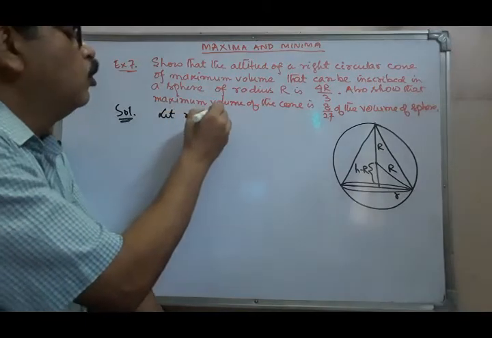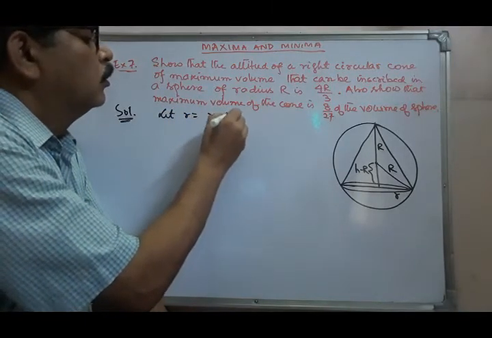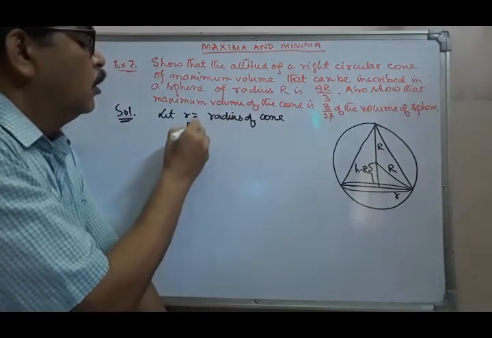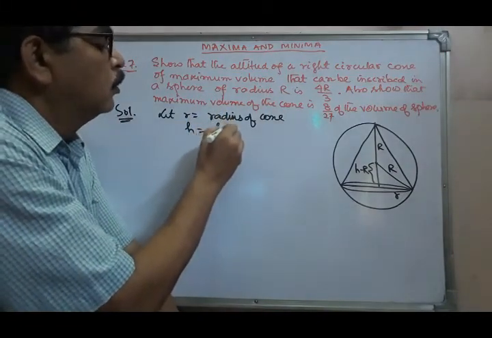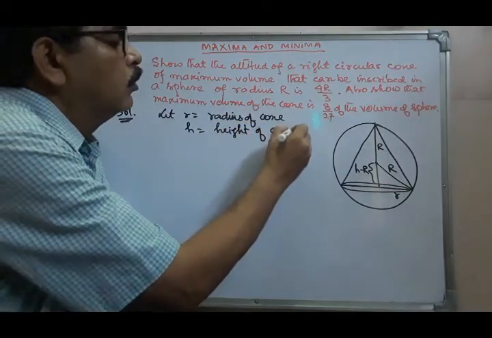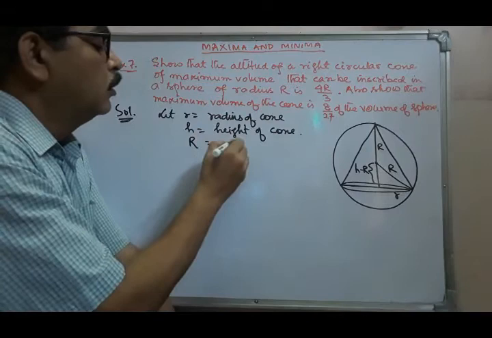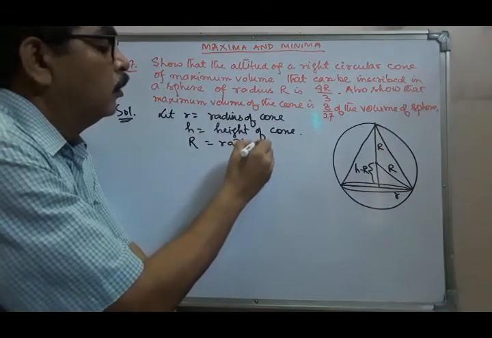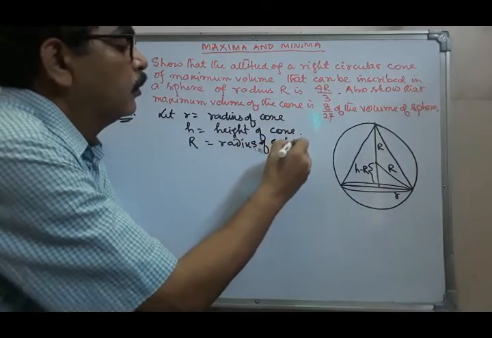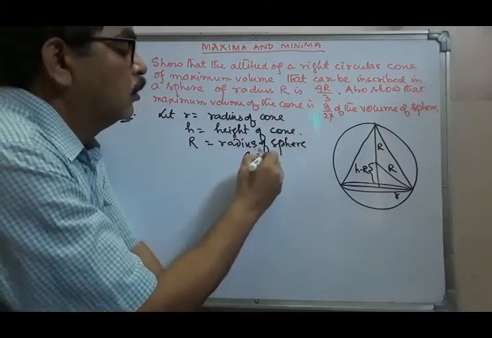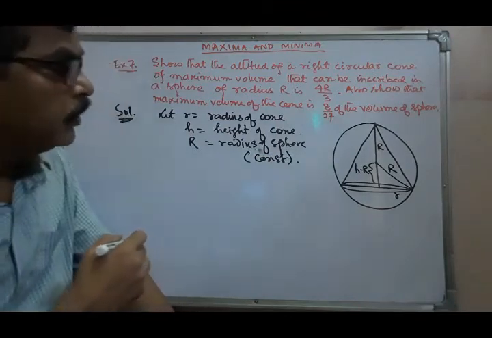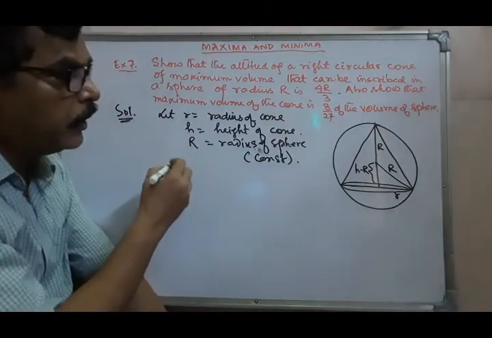Let small r equal to radius of cone, h equal to height of the cone, and capital R radius of sphere. It is a constant. So now we have to identify the relation. What relation we can write?